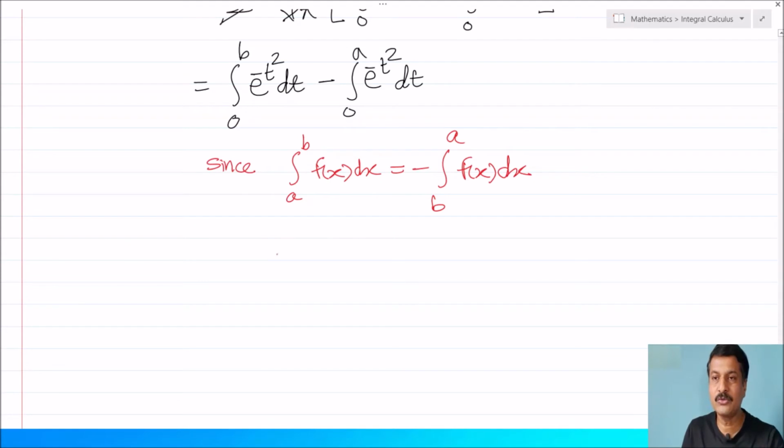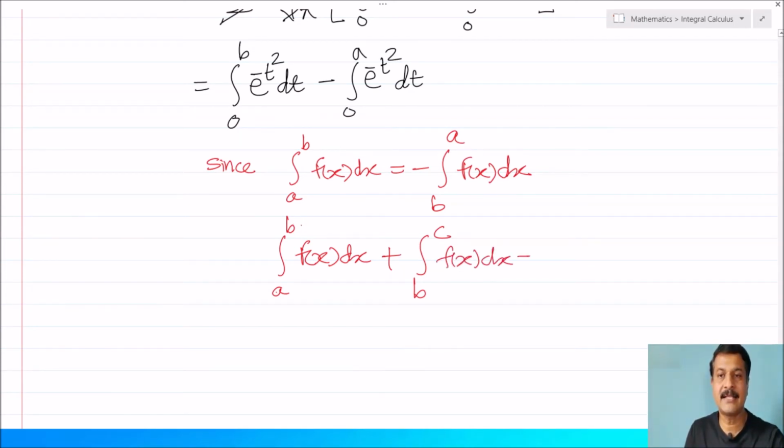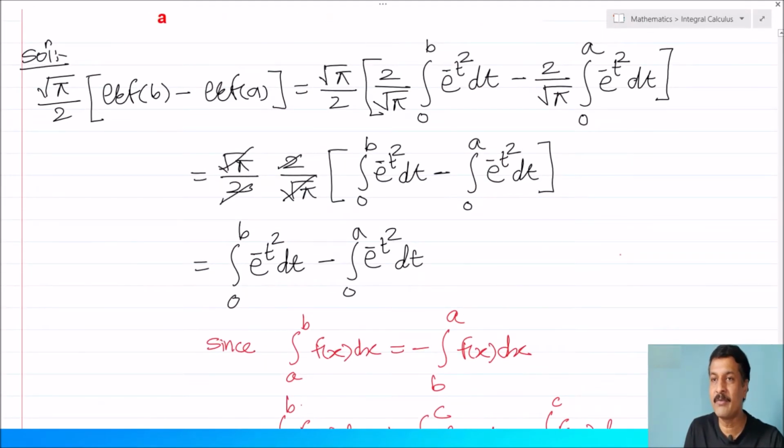Also we have to use one more: integration from a to b f of x dx plus integration from b to c f of x dx, note that here a to b and here b is common, that is equal to integration from a to c f of x dx. So by using this property we can prove what we want.